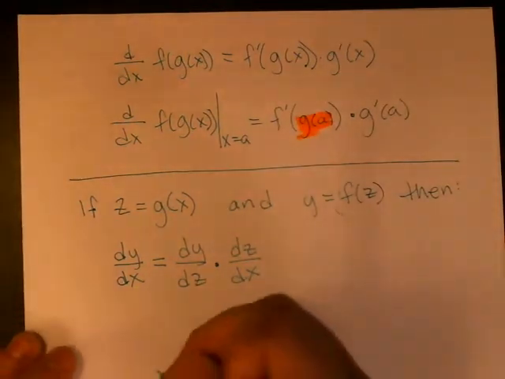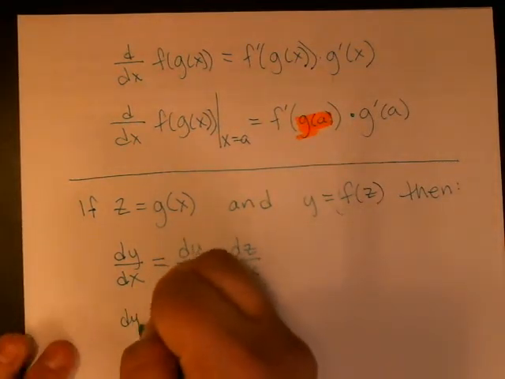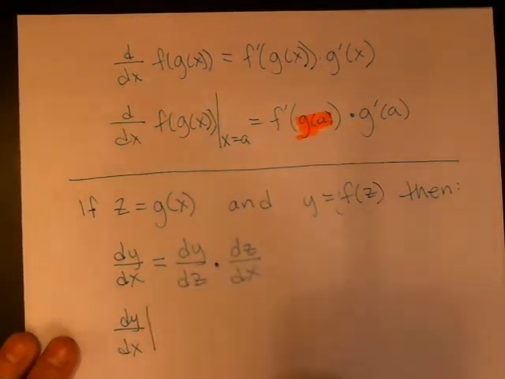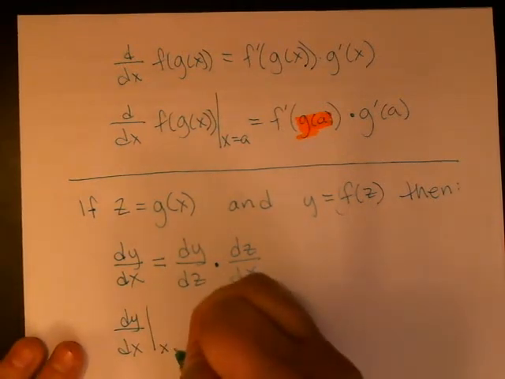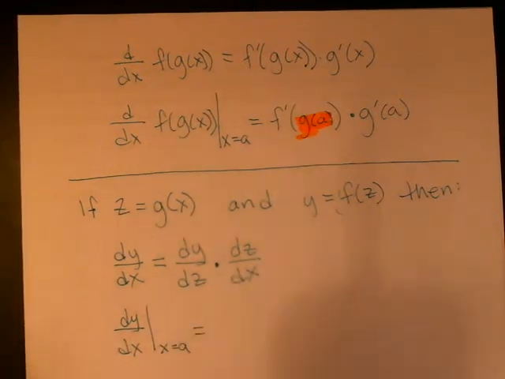This is fabulous, but what I really want to focus on, for the sake of word problems, is how this looks if you're trying to evaluate at x equals a. This is supposed to be the derivative of y with respect to x, so I should evaluate at some given x value.